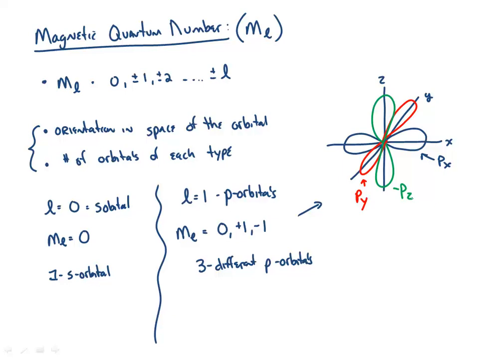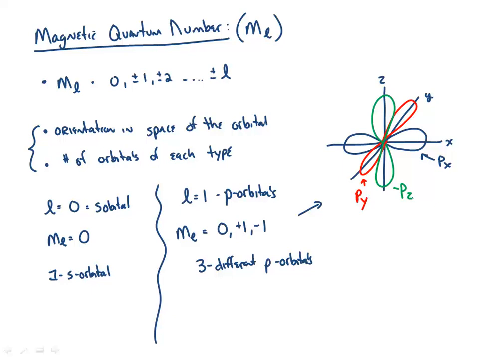And the neat thing about it is if you take the sum of all 3 sets of orbitals, they almost look like a sphere too, mathematically. Not quite, but almost. And so the total set of p orbitals themselves are spherical-like too. And so there's 3 different sets of orbitals. They have 3 different orientations around the atom. And so that means there's a total of 3 different p orbitals we can have.